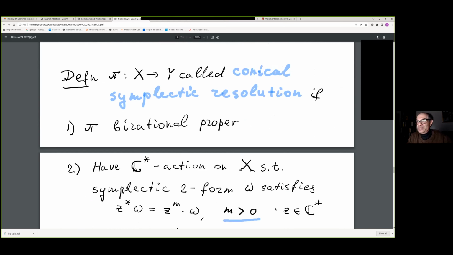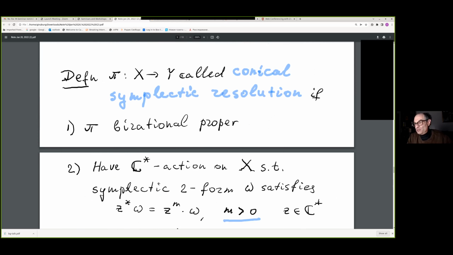Now, since you have this projective, birational proper map pi, the pre-image of 0 is a projective variety. This variety is usually Lagrangian, but it's usually very singular. It has many reducible components. Each component is extremely singular.